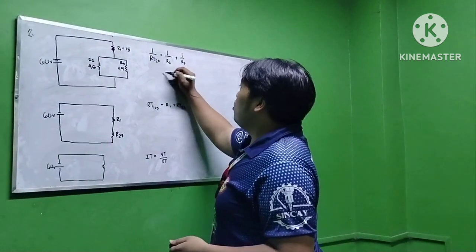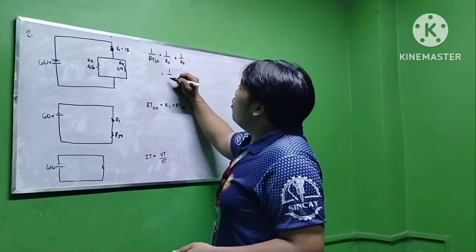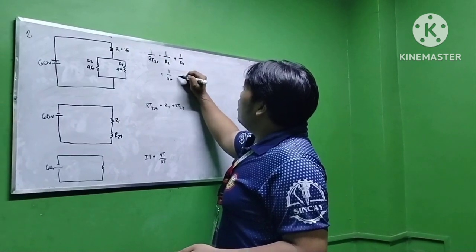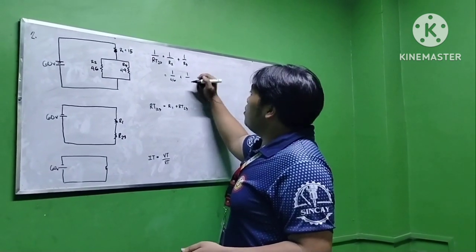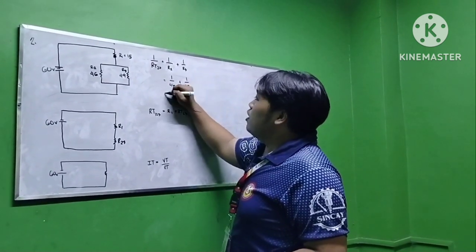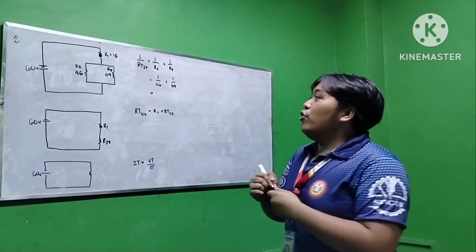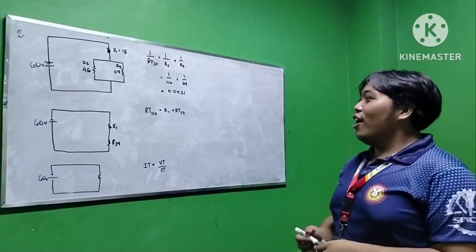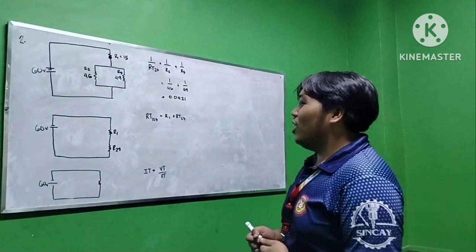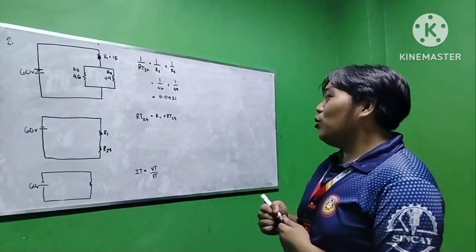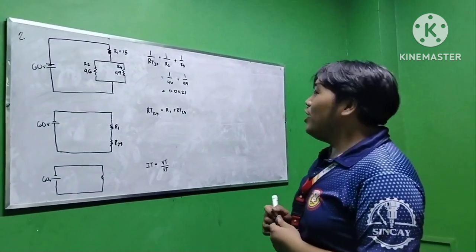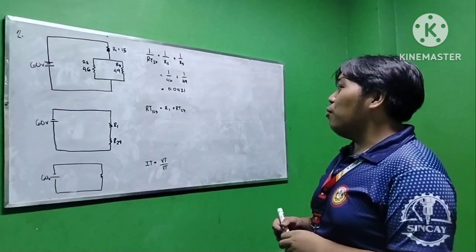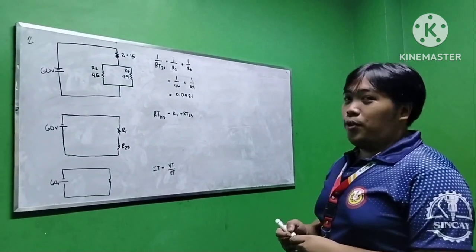To substitute, 1 over 46 ohms plus 1 over R3, which is 49 ohms, equals 0.0421. Now for step B, we're going to total the series circuit using the series formula. R total of 1 to 3 equals R1 plus R total of 2 and 3.